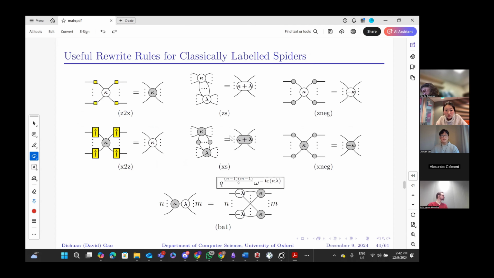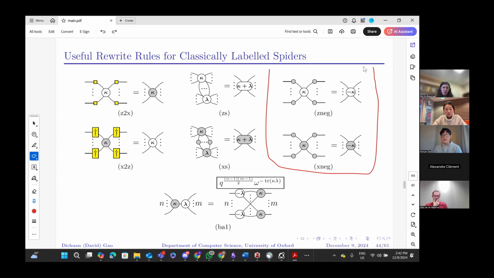So these satisfy some nice rewrite rules, which you can prove in the Galois-qudit ZH calculus. They're basically the same rules as the ones you expect from ZX. So you have color change on the left here. You have spider fusion in the middle here. You have, okay, so this is new.